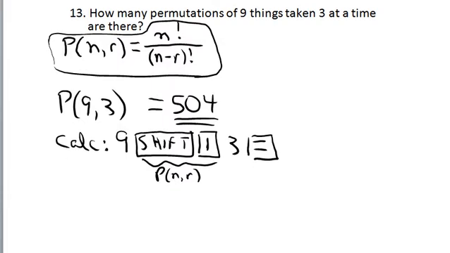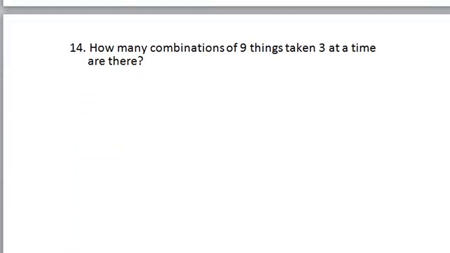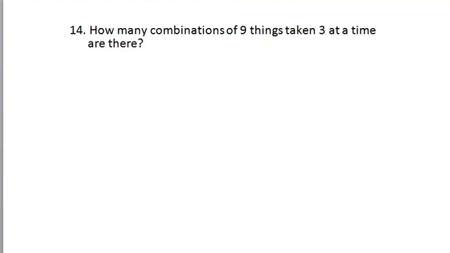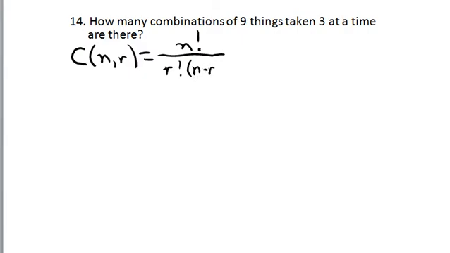How about this one? How many combinations of 9 things taken 3 at a time are there? Well, again, now they're asking you a simple combination problem. The formula for combination is n factorial over the product of r factorial times n minus r factorial.